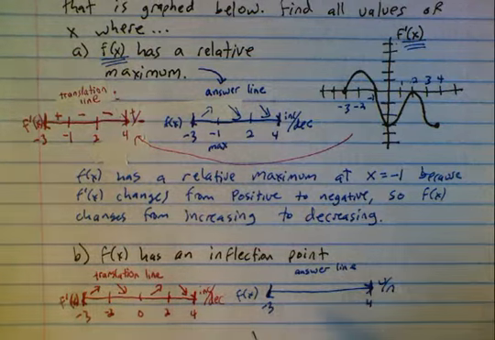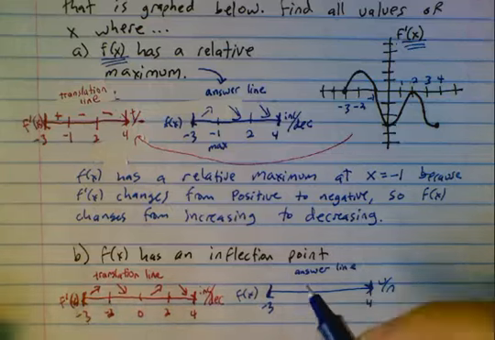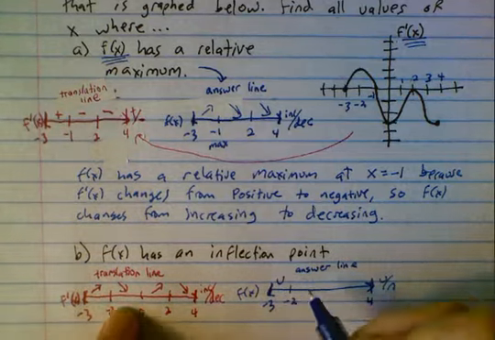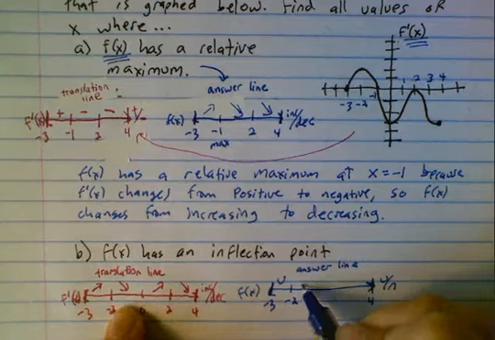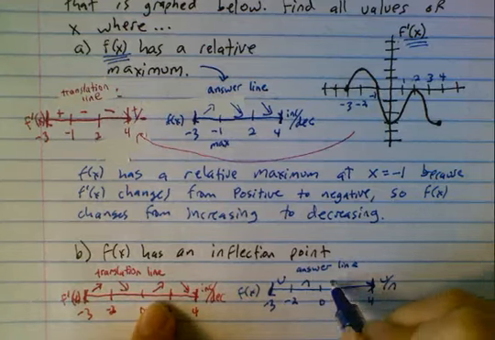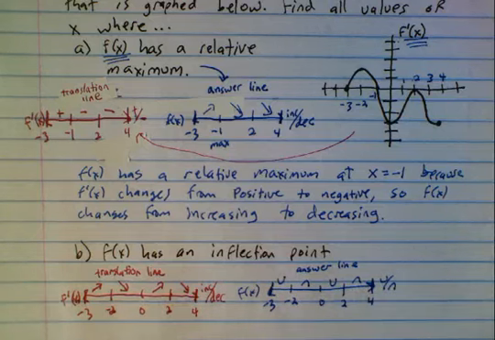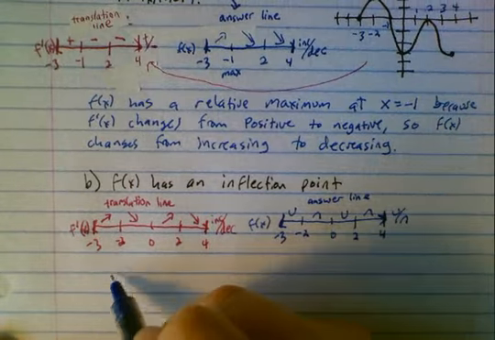Now I'm going to translate increasing to concave up, concave up, concave down, concave up, concave down.